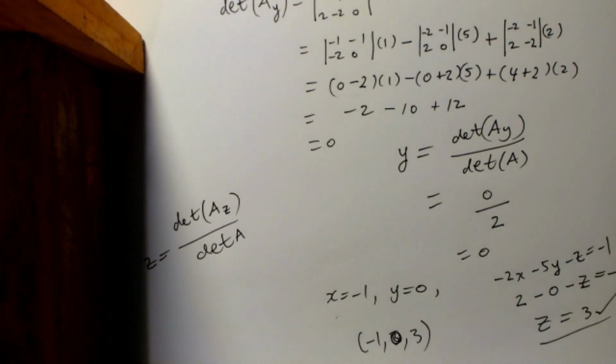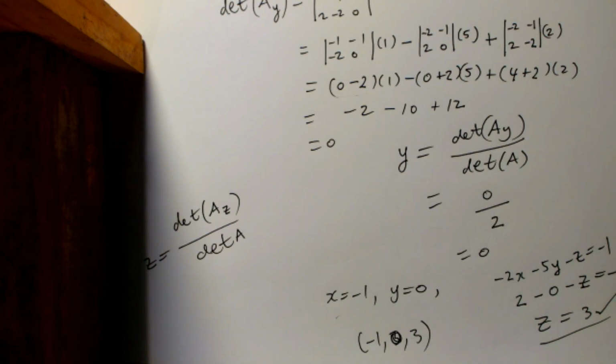And the three planes were the three equations with the x, y, and z in them. Okay, so those three linear equations intersect in this point, minus 1, 0, 3. So again, you can think geometrically and calculate that point of intersection algebraically.